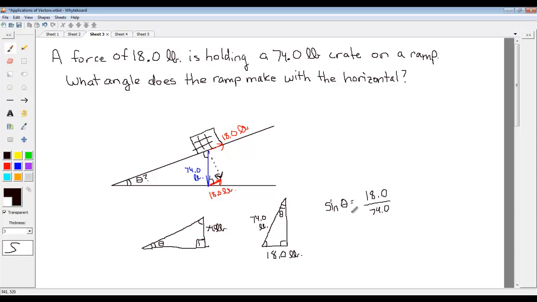If we put that in our calculators and do the inverse sine, theta is going to equal 14.0780386. So in other words, we go 3 significant digits because we have 18.0 and 74.0, 3 significant digits. So we're going to get around 14.1 degrees for that angle.